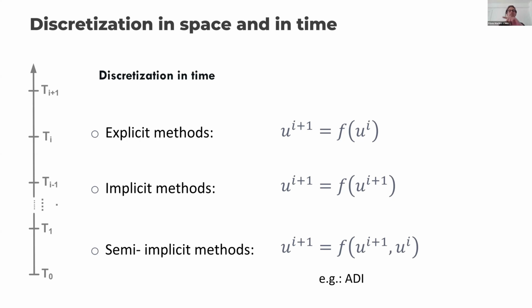And we are always changing the direction that is implicit and the direction that is explicit, okay? So that's why these methods are called ADI. ADI means alternate direction implicit, okay? And these are the most common methods used in this kind of models.